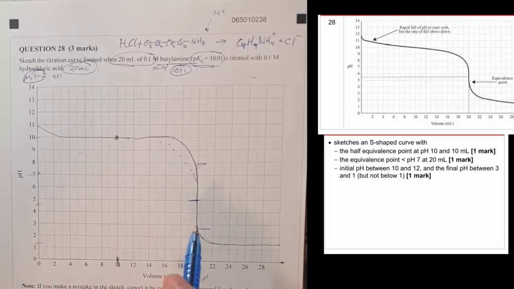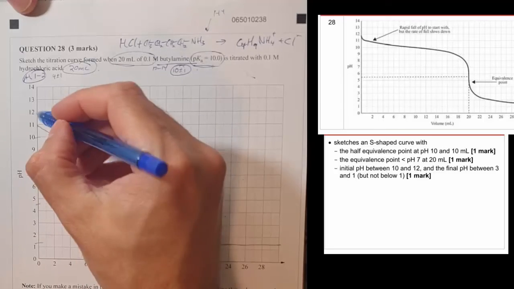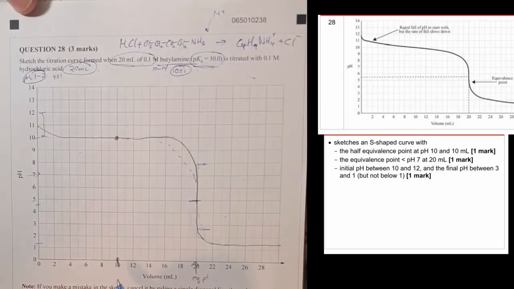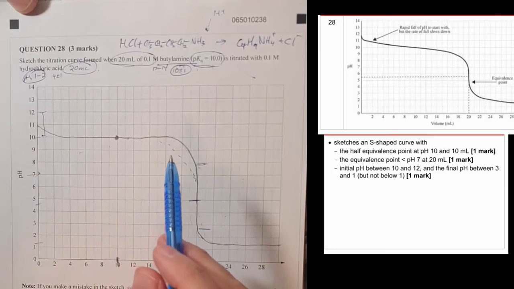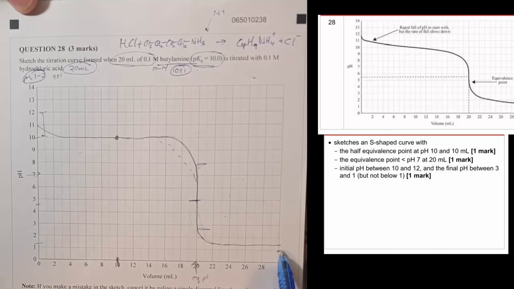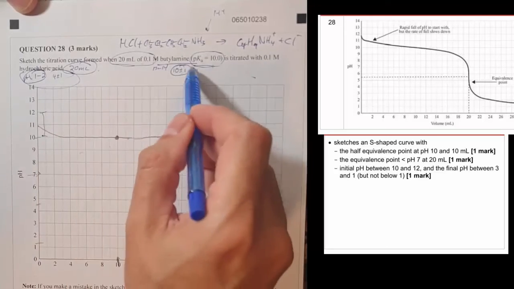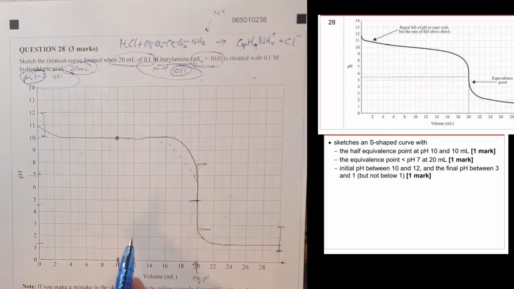The initial pH between 10 and 12, that's pretty tight. And the final pH between 1 and 3, it's so random. All right. I have rules of thumb, which I've written here for this particular reason and for other similar questions, but it's only a rule of thumb.